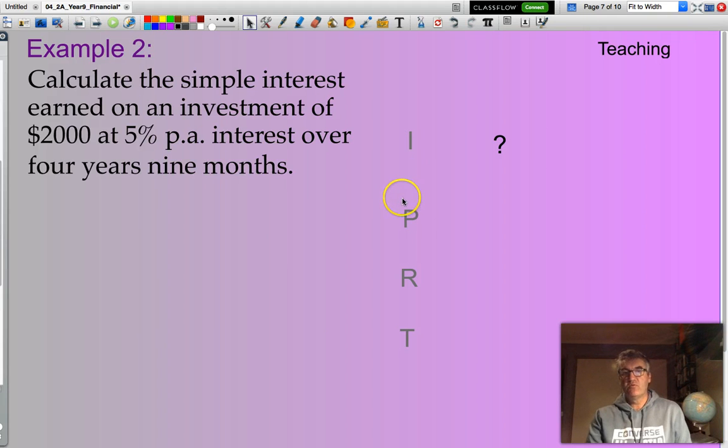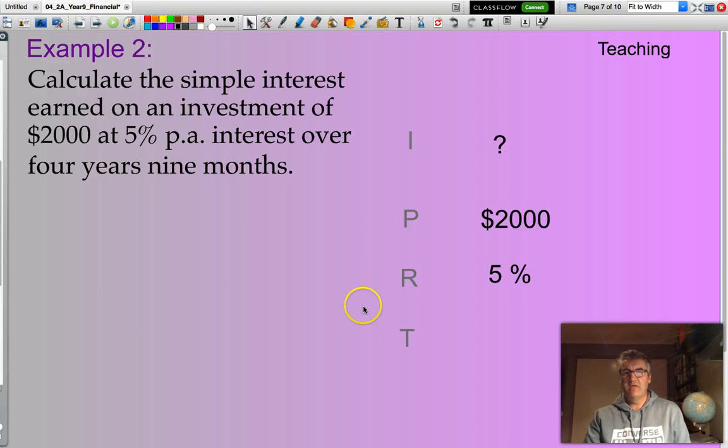What is the principal? How much am I actually investing? I am investing $2,000. What is the interest rate? The interest rate is 5%. Now, what is the time? Well, it is 4 years and 9 months.